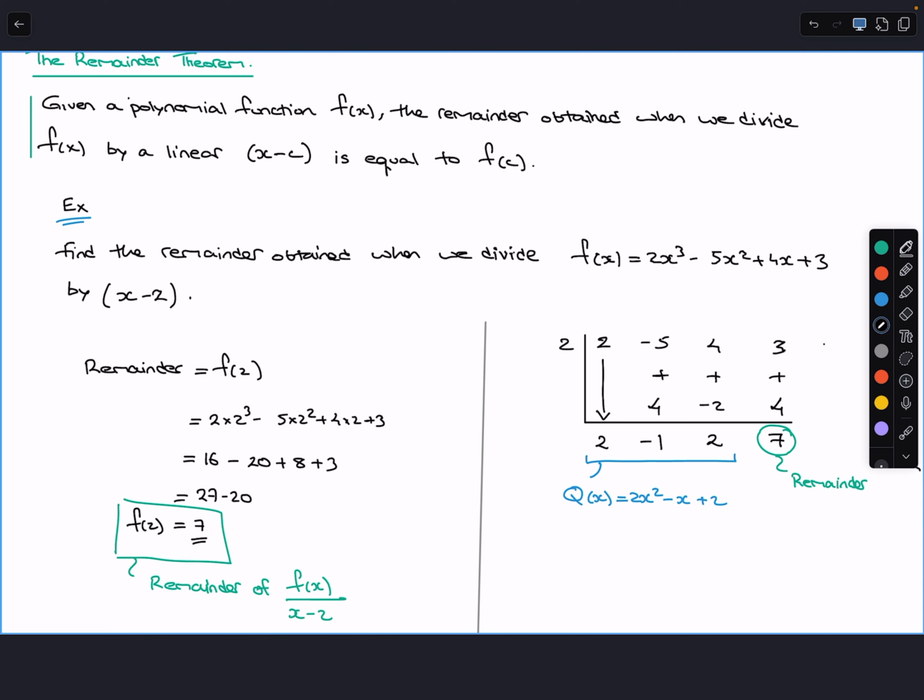So I could even say f of x divided by x minus 2 equals 2x squared minus x plus 2 plus 7, that's the remainder, over x minus 2. So it's nothing really new, because we had already seen synthetic division, but we hadn't formally written the remainder theorem in our notes.